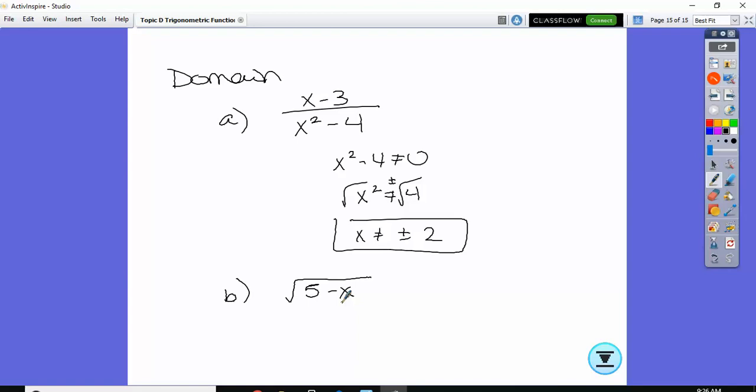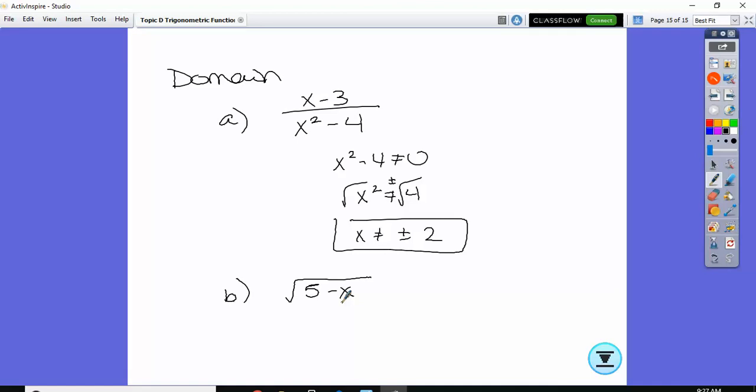What if I said the square root of 5 minus x? Okay.